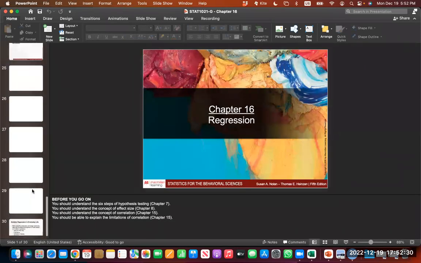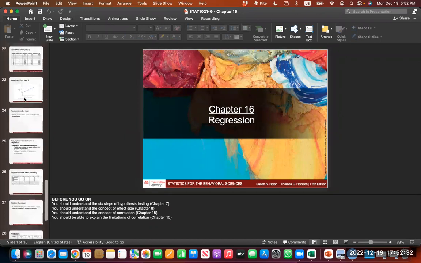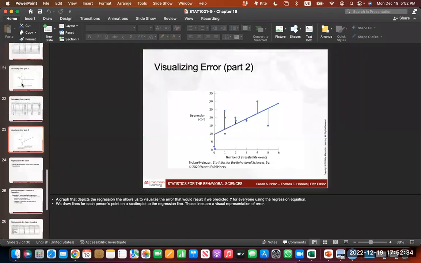This quantifies it quite nicely. If you are only quantifying the error in a prediction of the dependent variable, the regression score, by using the mean of y, which is one flat line here, your error is quantified as the sum of squared deviations.